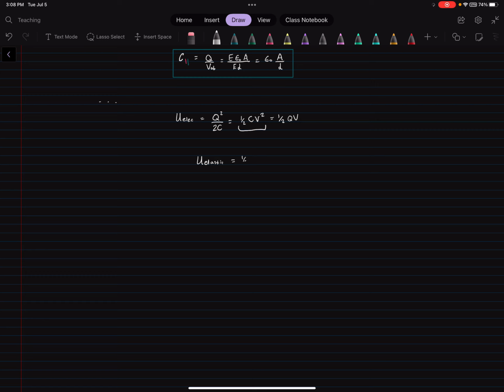elastic potential energy is 1/2 kx squared, k being the spring constant and x being the amount that the spring was stretched or compressed, right?